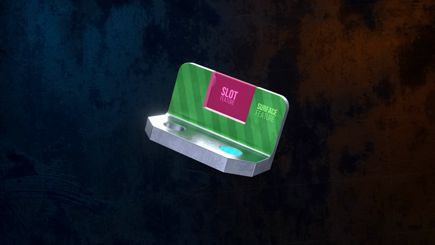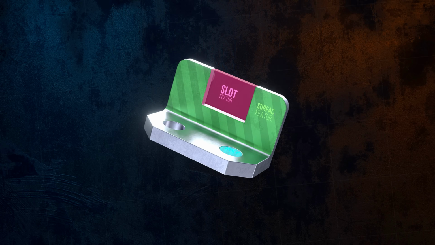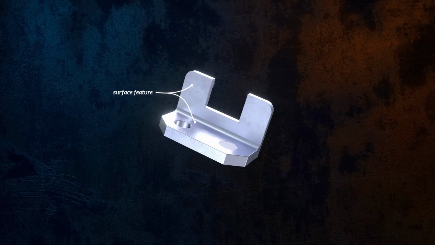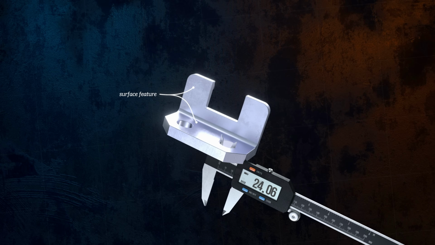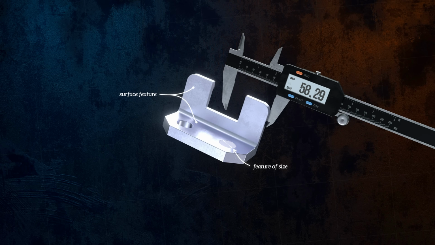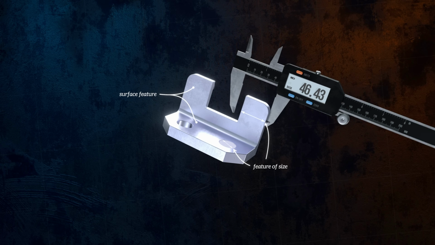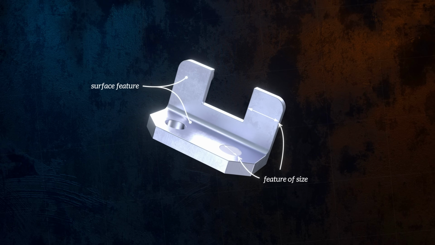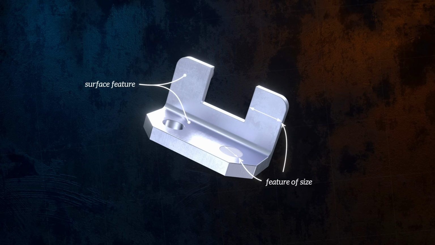It's important to differentiate between surface features, which are just individual surfaces, and features of size, which are any features that have a defined dimension, meaning that they can be measured with calipers, whether that's a hole or a feature defined by two opposed parallel surfaces. This is because in the GD&T world, geometric tolerances can mean very different things if they're applied to surface features or to features of size.